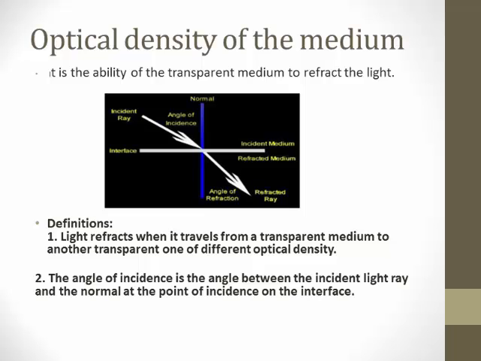Number two: the angle of incidence is the angle between the incident light ray and the normal at the point of incidence. Let's focus on the drawing: the angle of incidence is the angle between the ray and the normal, this part is what makes the angle of incidence.